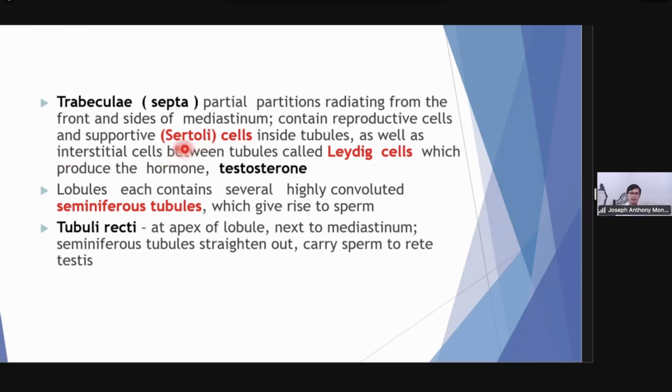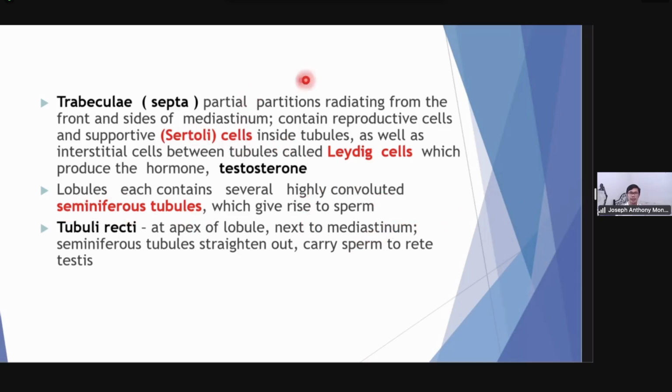So take note that if I ask during the examination what specific cell gives rise to the hormone inhibin, the answer would be your Sertoli cell. Aside from which, your Leydig cell is responsible for secreting your testosterone, and the seminiferous tubules give rise to the sperm. So let's repeat, no?